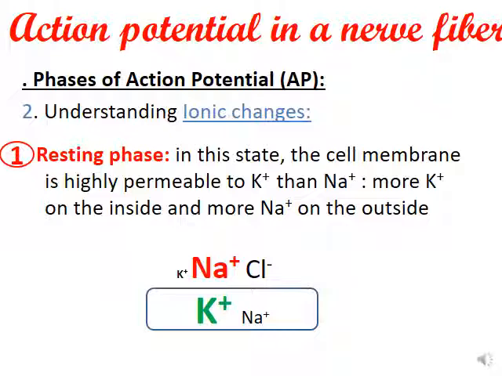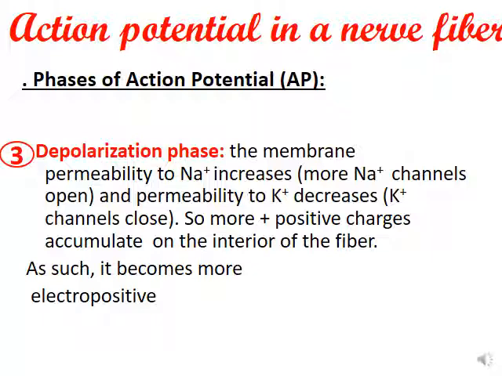So you have to know that more K plus will be on the inside and more Na plus will be on the outside. Why? Because the membrane is highly permeable to K plus than to Na plus. Number 3, the depolarization. Depolarization meaning now moving toward the positive.